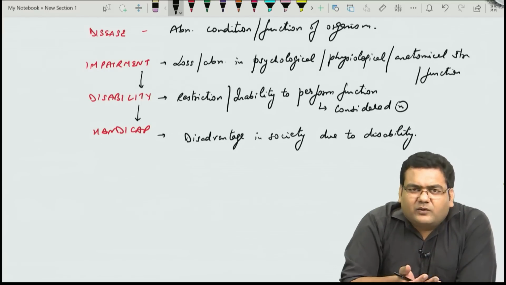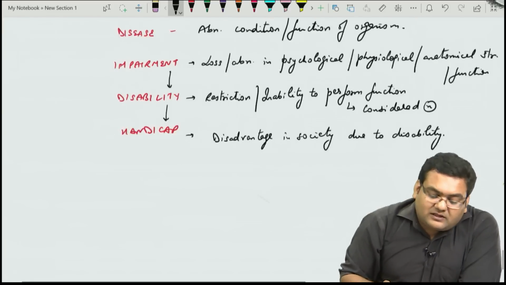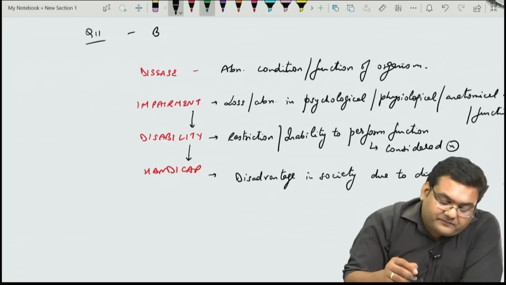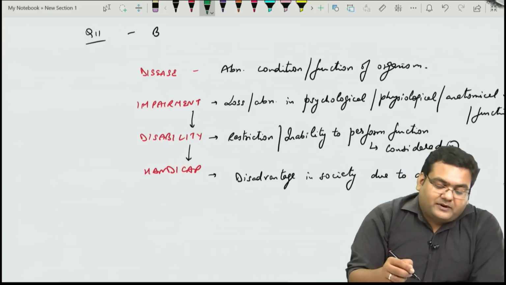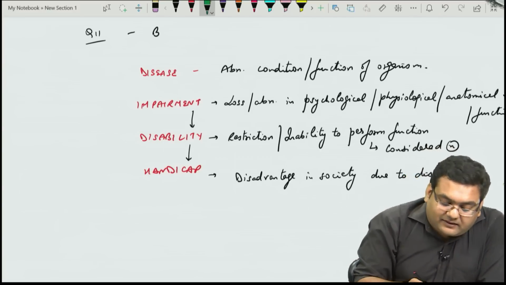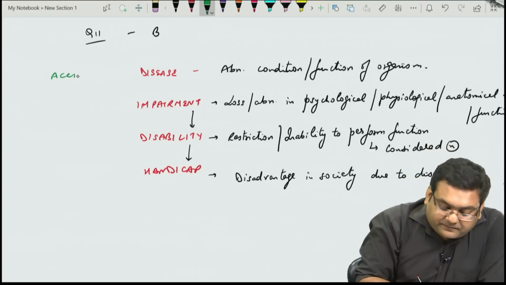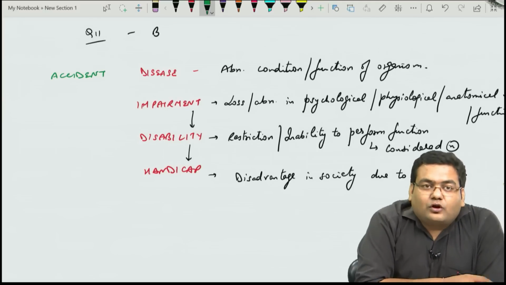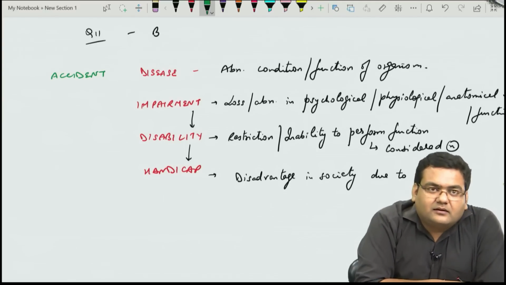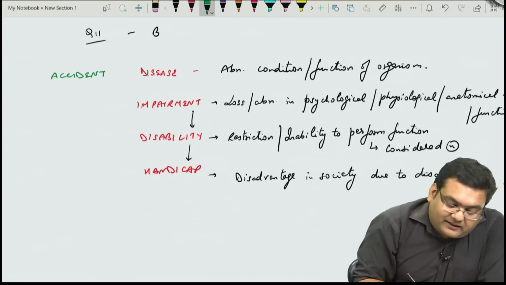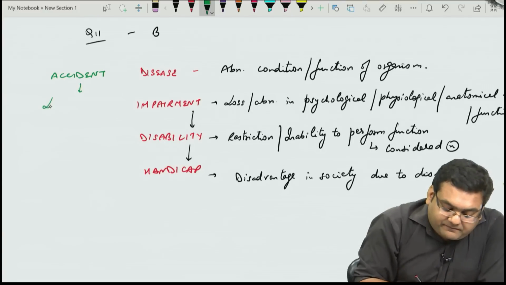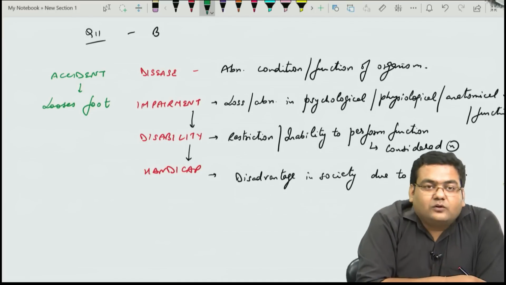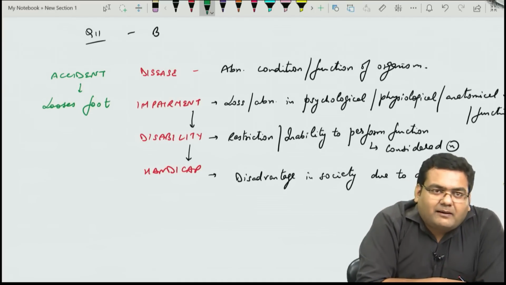Now let us try to explain all these four definitions with the help of an example. Let's suppose a person meets with an accident, which can be corroborated to disease. Now because of the accident, he loses one of his legs or foot. Now what will happen?